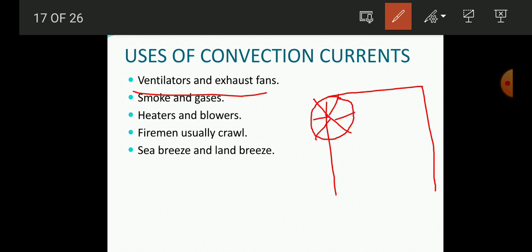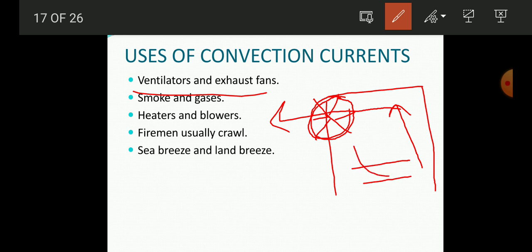Students, you have seen the exhaust fan in many places. How does it work? When the air around the ground gets warmer, it rises. Warm air always rises because it is lighter. If an exhaust fan is there, this warm air goes out through the exhaust fan, and in place of it the colder air comes in.